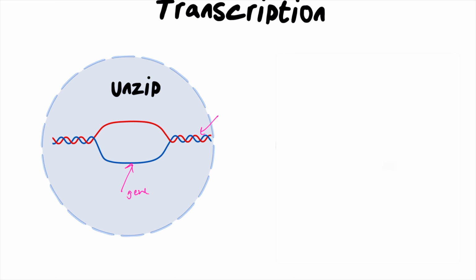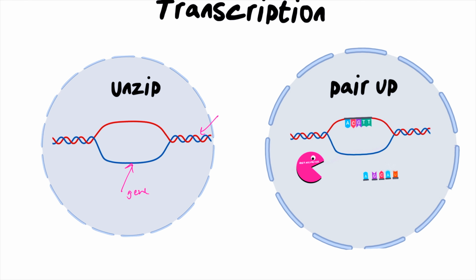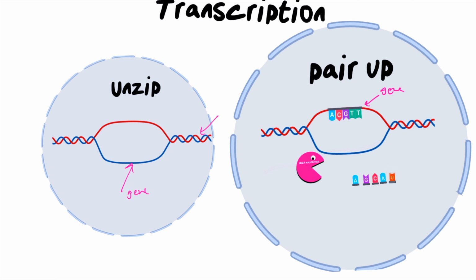The next part of transcription is we're going to do what? We're going to pair up some RNA mononucleotides with those of the DNA. As you can see here, I have a section, a gene, being exposed, and those are the RNA mononucleotides. I'm just going to take those RNA bases and link them up with those of DNA. So you can see that A pairs up with T, A with T, U with A, right?